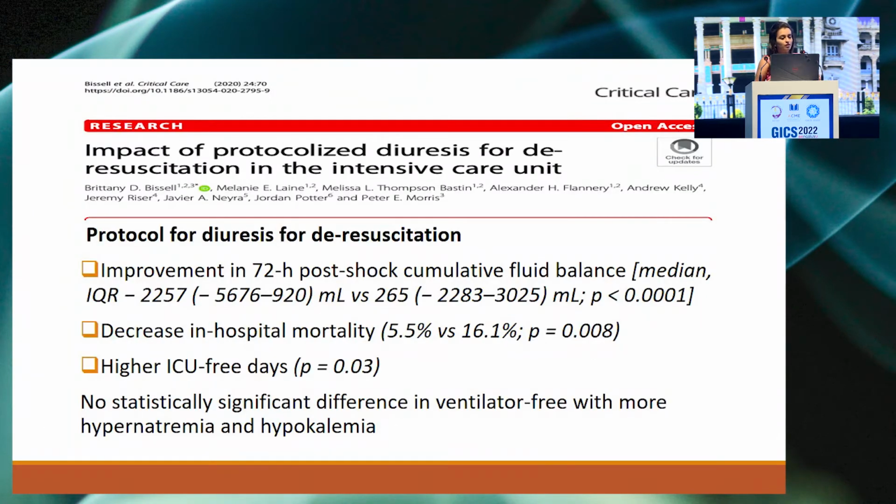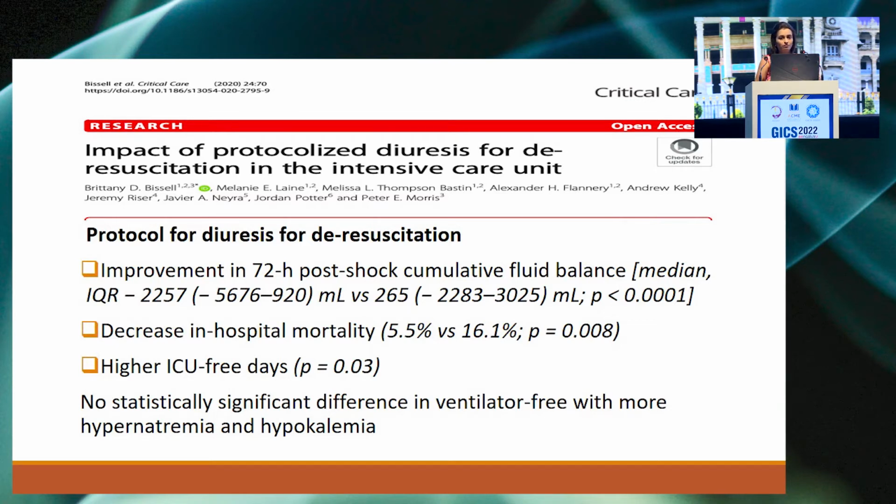Another protocol, active diuresis for the sake of deresuscitation, was implemented in one of the studies published in 2020. They observed that there was a reduction in mortality and more ICU free days, but it was associated with some electrolyte imbalance.